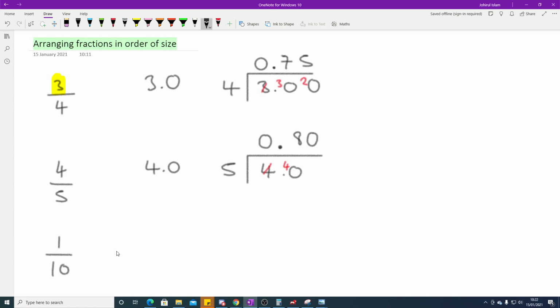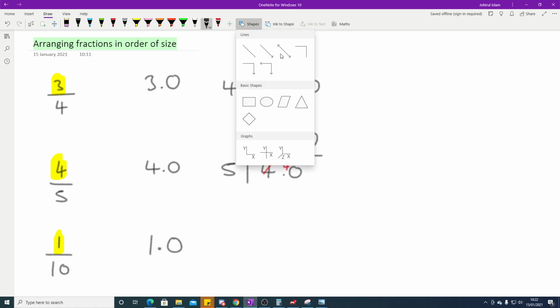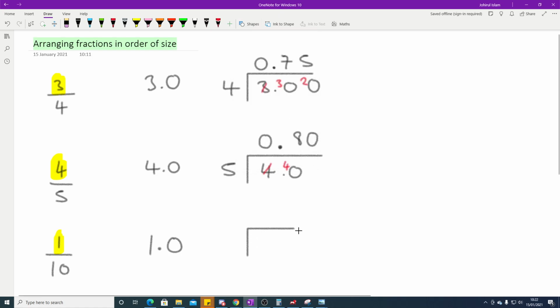So we still have one more fraction to go. Same thing again, just highlight the numerator. We convert that into a decimal by putting a .0 on the end, so that's 1.0. We then create our bus stop, and inside of the bus stop we put our 1.0, the decimal that we've created, and then outside of the bus stop we put our denominator.